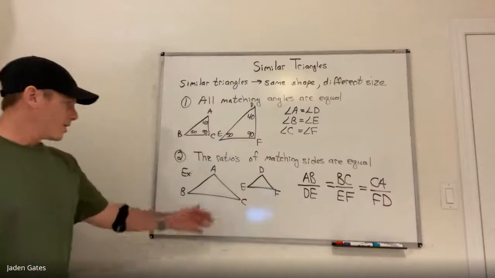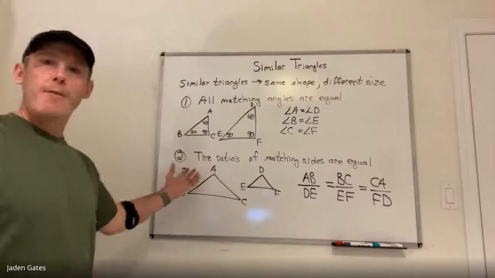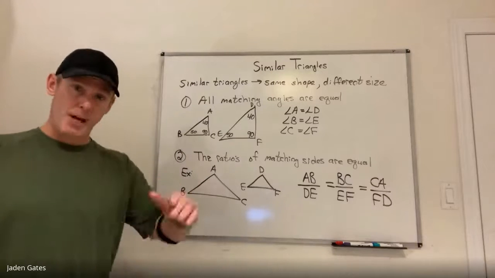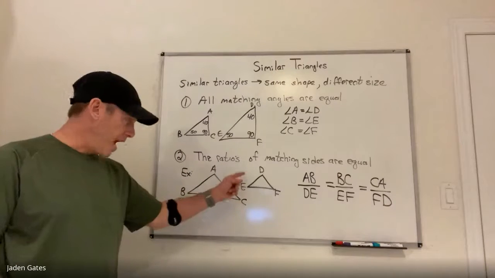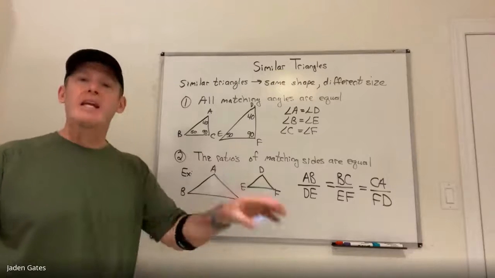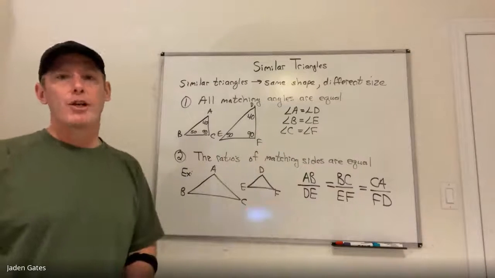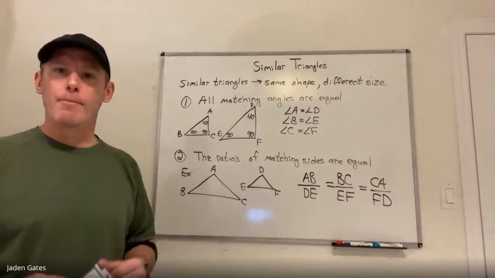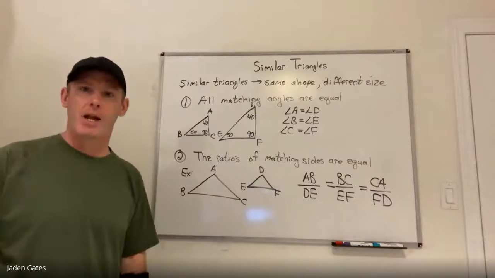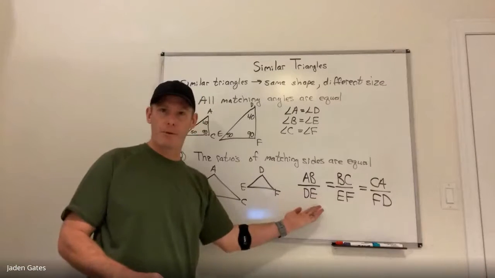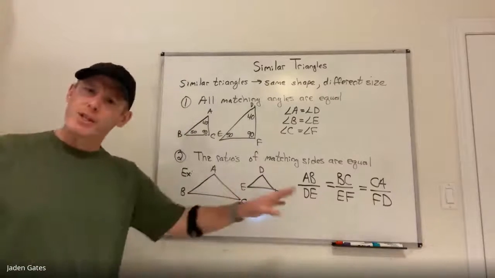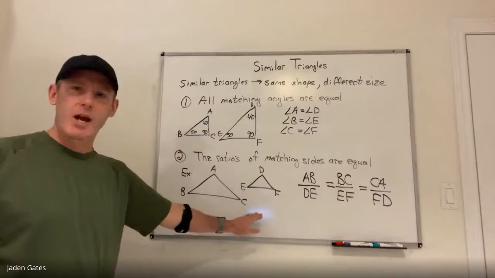So what I did was, if I take a side from the big triangle and I divide it by the matching side of the little triangle, it would be equal no matter which side you pick. The number would be the same. The ratio would be the same. Or in this case, the fraction would be the same. All right. So again, we're going to do this in a couple of examples.